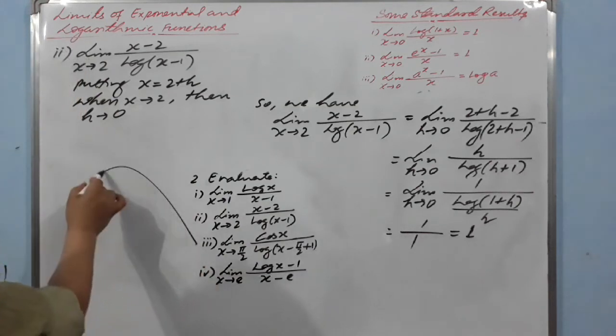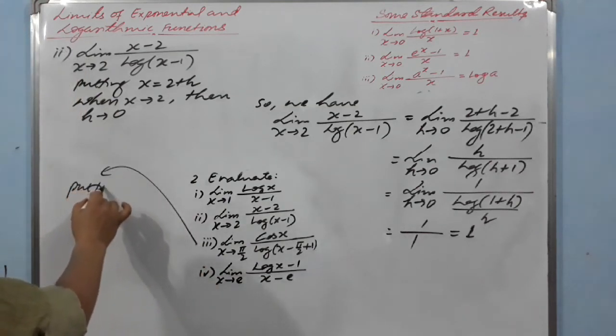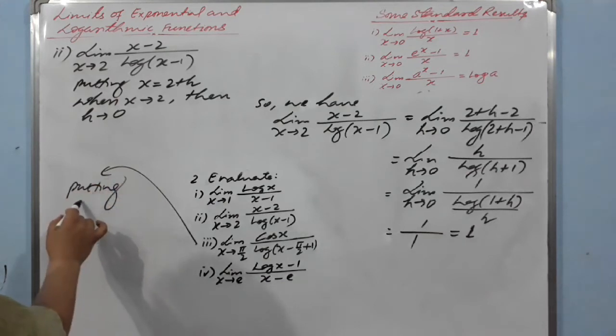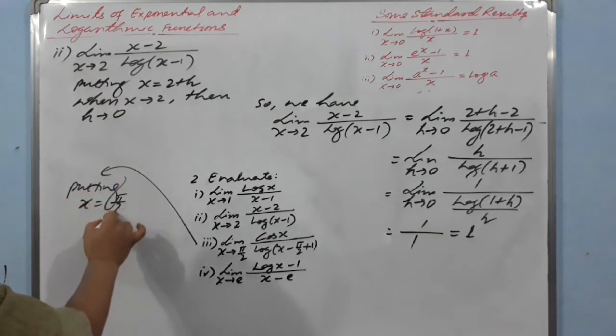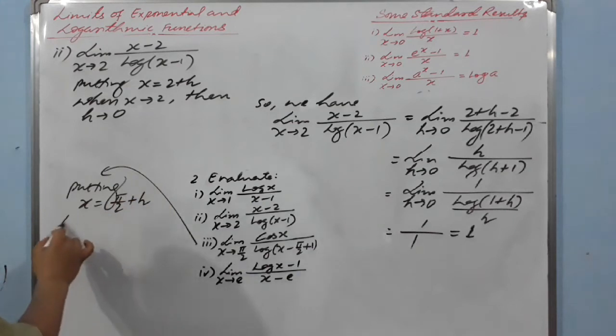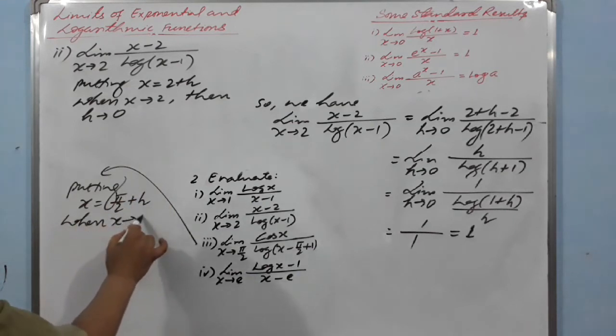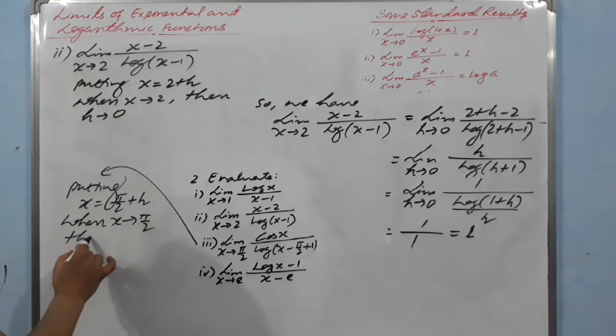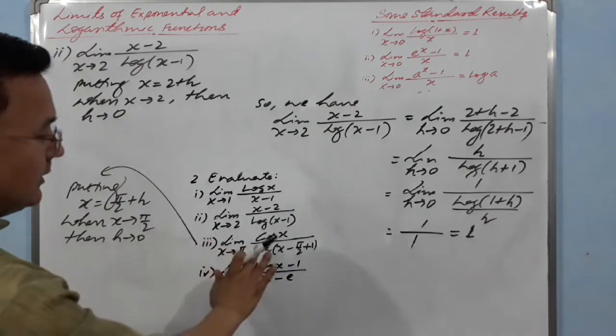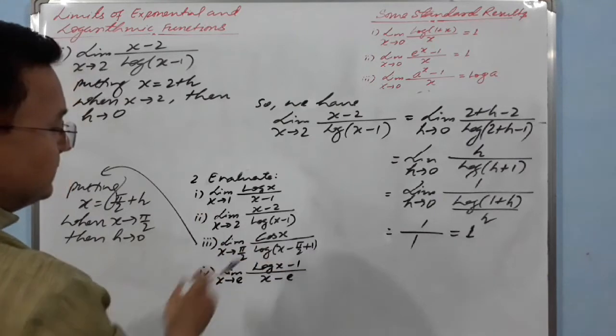Here you will do, let me tell you the hint. Putting x equal to pi by 2 plus h. And when x tends to pi by 2, you will get h tends to 0. So definitely you will get the limit of this function.